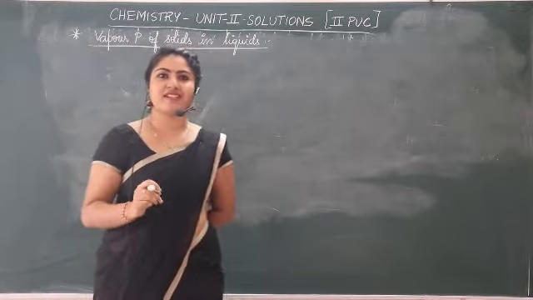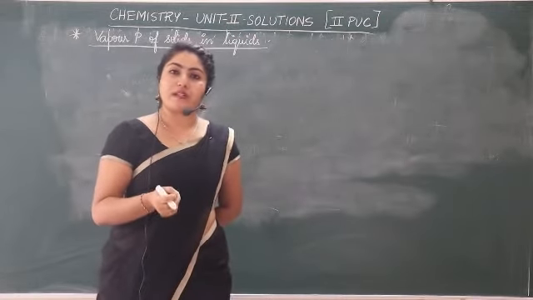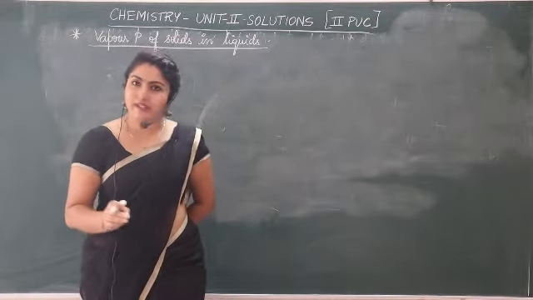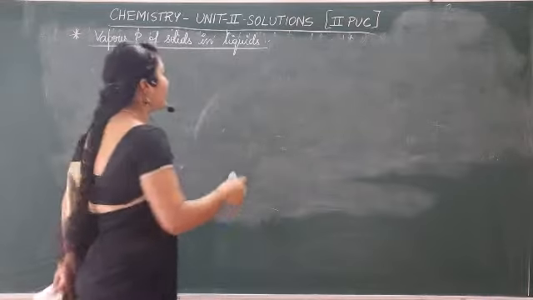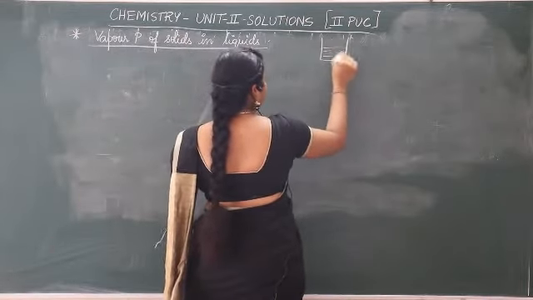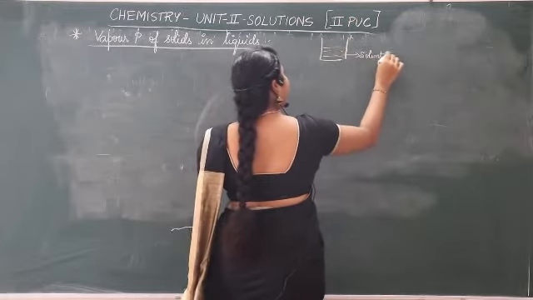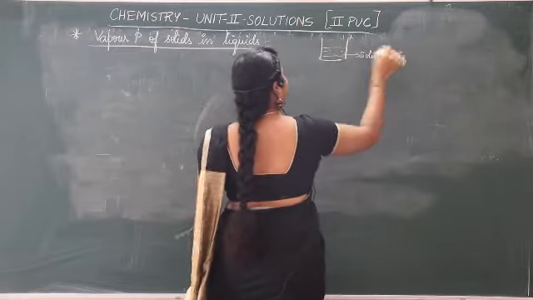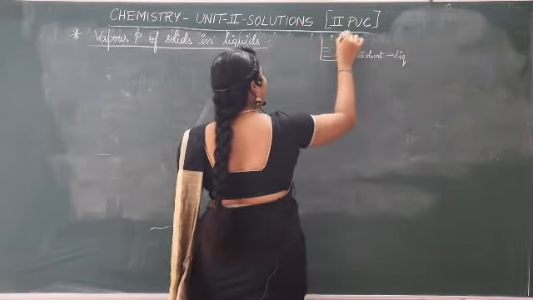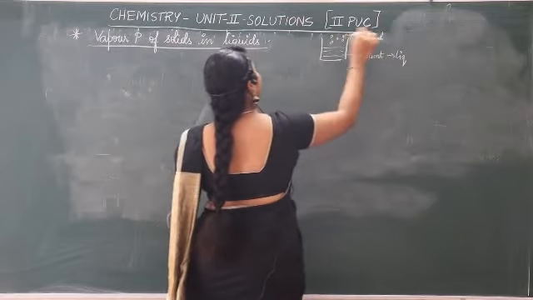What does this mean? This means again it is a liquid solution, but how is a liquid solution prepared? Solvent is liquid, but the solute is solid. Here the solvent is liquid, but the solute that you are adding is solid.